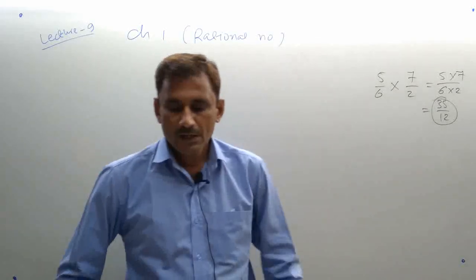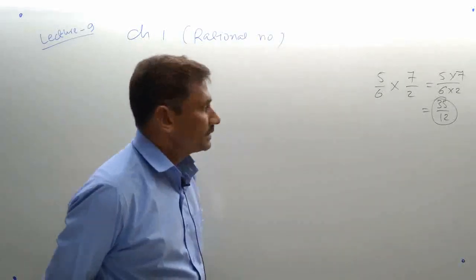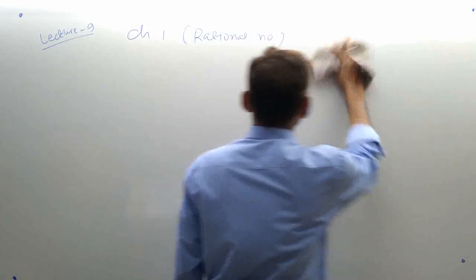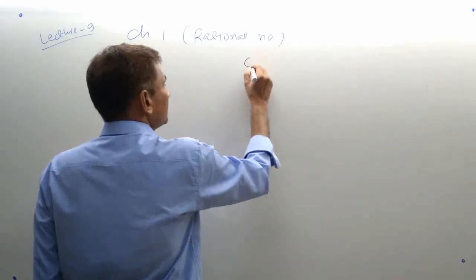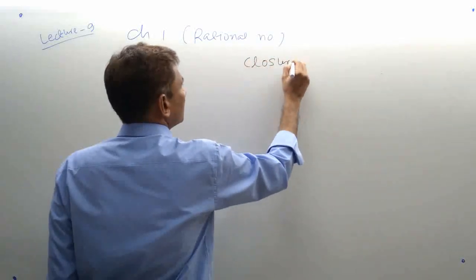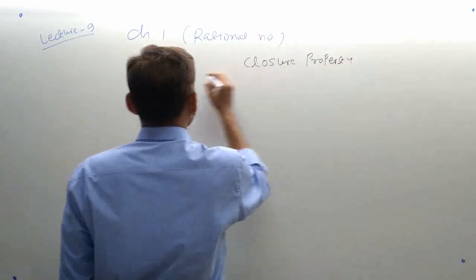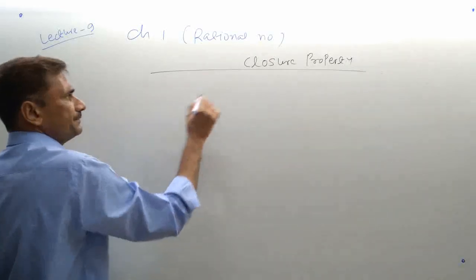Now before taking the next example, let's first learn everything about closure property. Try to understand carefully, and if you want you can write it, or right now you can take a screenshot also.